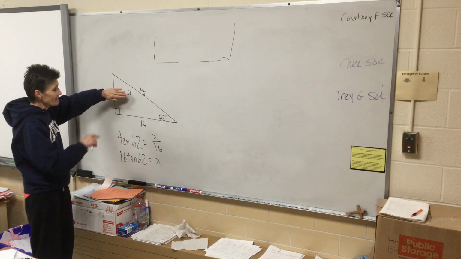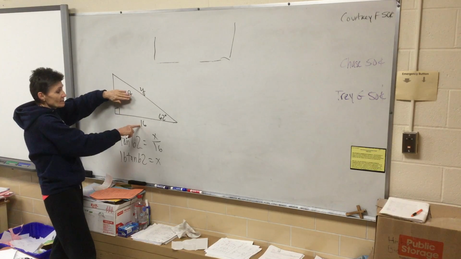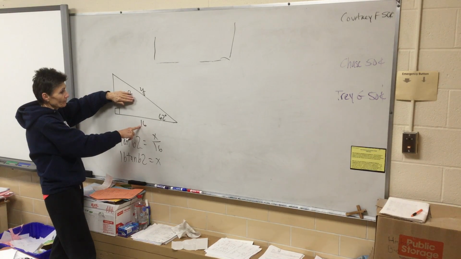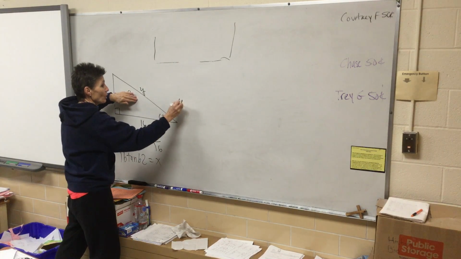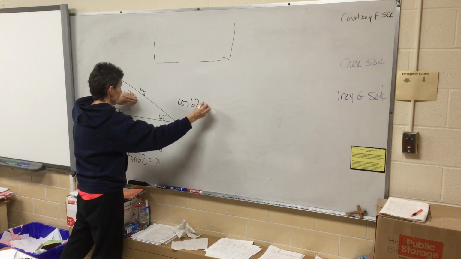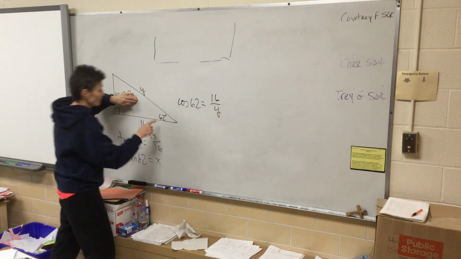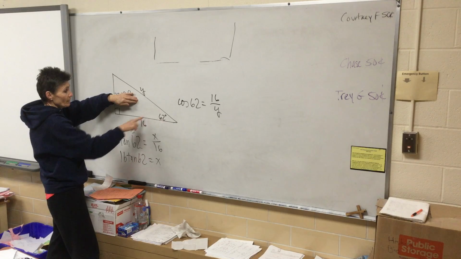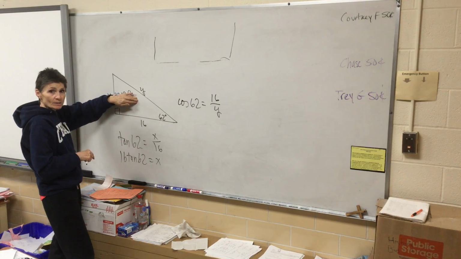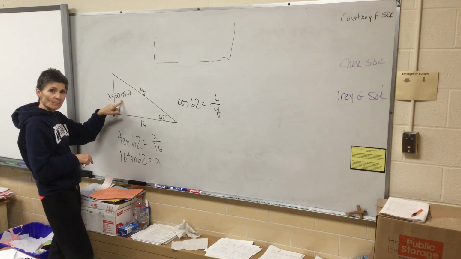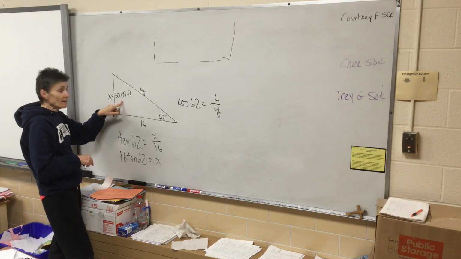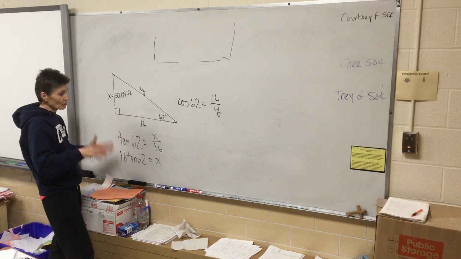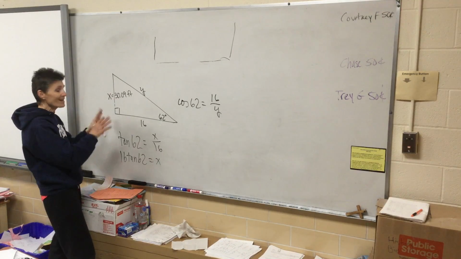We can pretend that's not here and use the 16 and say cosine 62 equals 16 over y. Cosine 62 equals adjacent over hypotenuse. I don't want to use this because I rounded it off. And if I use a rounded off number, it's going to cause error in my problem, and it's not necessary.